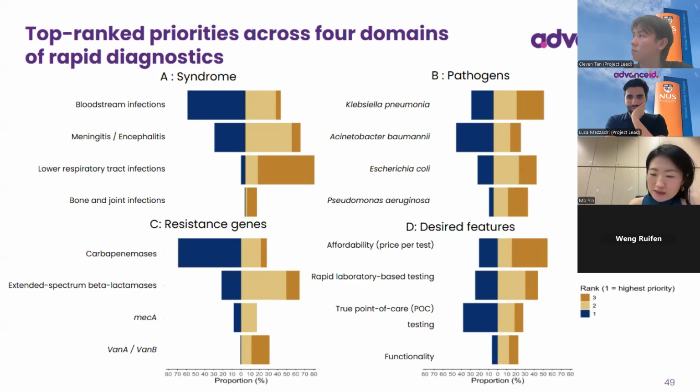In terms of the resistance genes, it's no surprise to see that carbapenemases are the top priority in LMICs, followed by extended-spectrum beta-lactamases and the other genes associated with MRSA or VRE. This is really because carbapenem resistance in gram-negatives carries a lot of mortality burden, as well as affecting quality of life and extending hospitalization in the region. The last plot here shows the desired features.